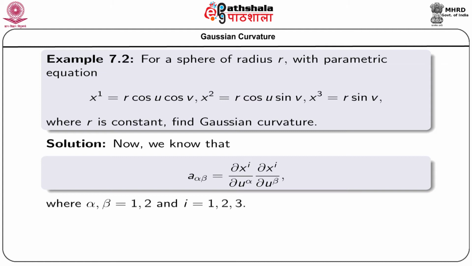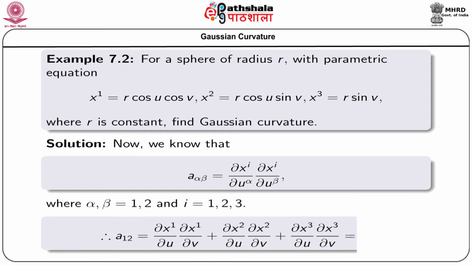It is the product of two partial derivatives. Calculating A12, we get that it is 0. As A12 is equal to 0, the curvilinear coordinate system is orthogonal. So, we can apply the previous formula to obtain the Gaussian curvature.